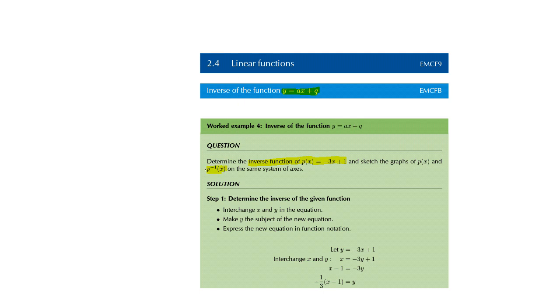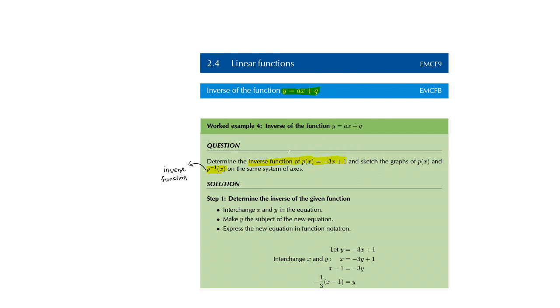And this is basically the notation that we use when you talk about an inverse function. So we write p to the -1 of x. That's what denotes an inverse function.